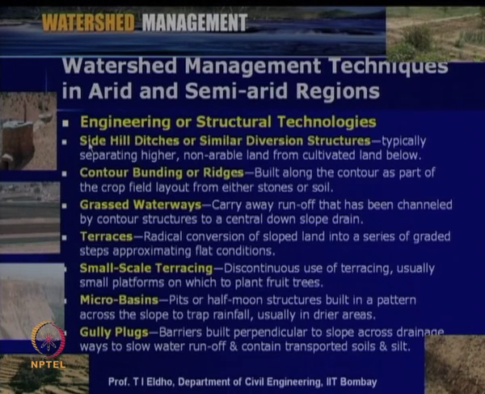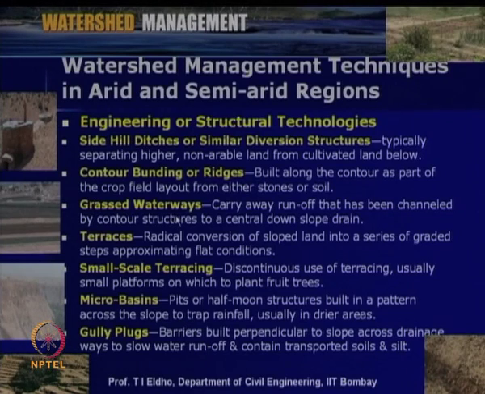These technologies include side hill ditches or similar diversion structures. This we can use to protect cultivated land below from non-arable land. Then we can go for contour bunding or ridges, as we discussed as a watershed management practice. These are built along the contour as part of the crop field.